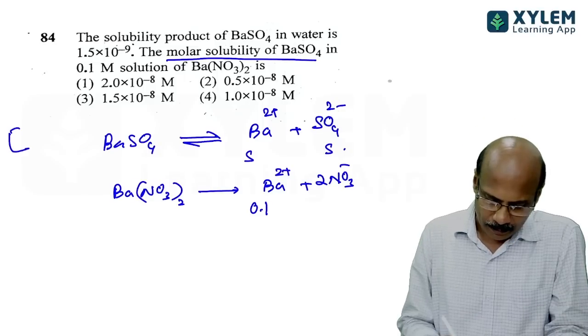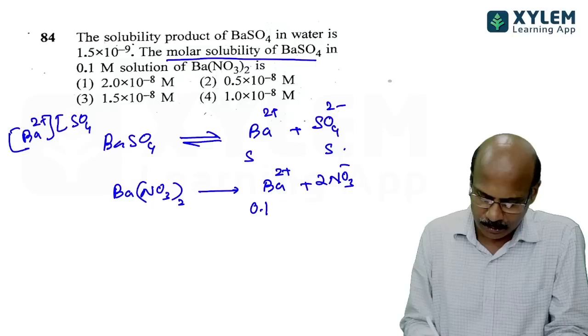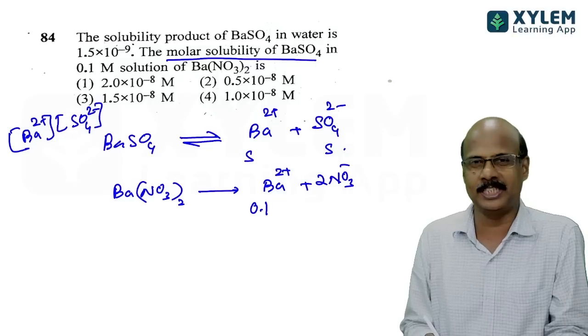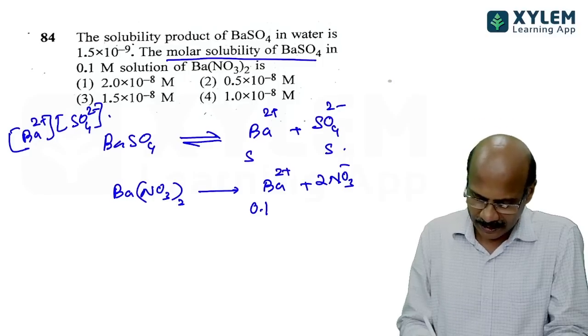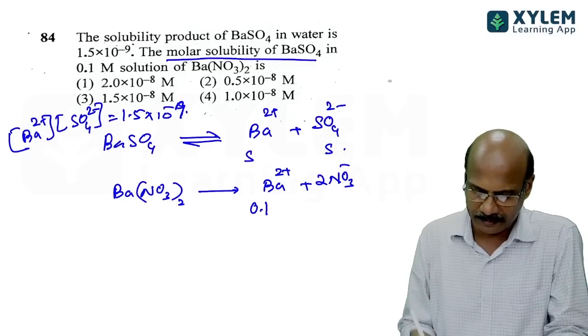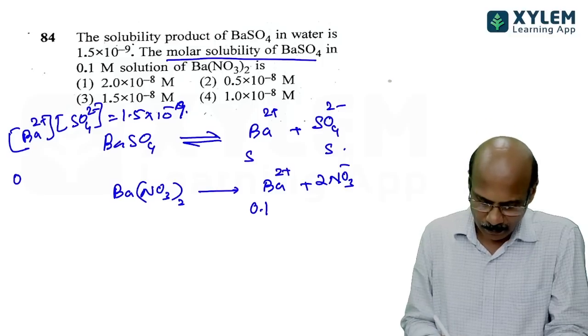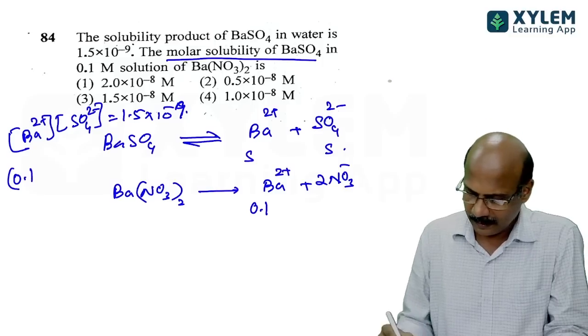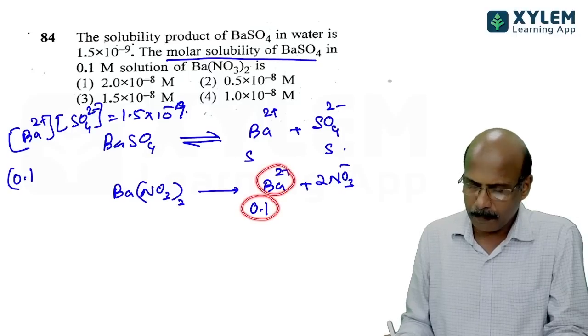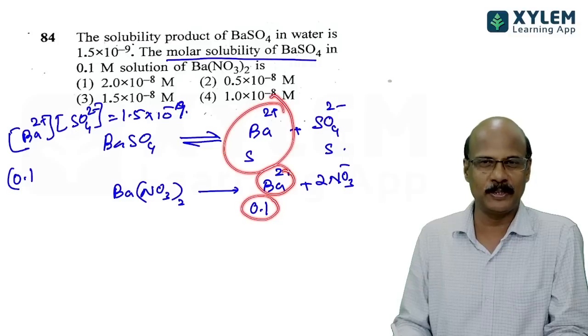We know that the product of the molar concentrations of the ions in the saturated solution can never exceed its Ksp. The Ksp value given is 1.5 into 10 to the power of minus 9. Clear? Barium ion now in the solution is 0.1 plus S. You know, 0.1 from barium nitrate and S from barium sulfate dissolution.